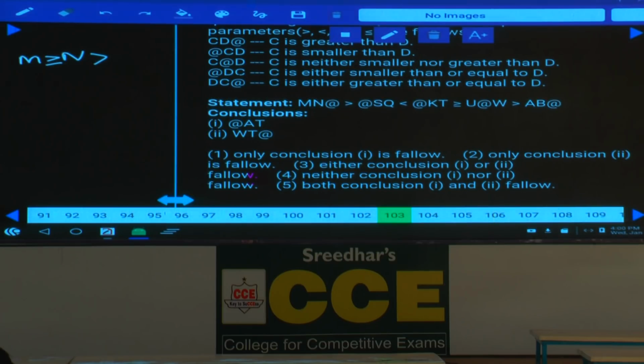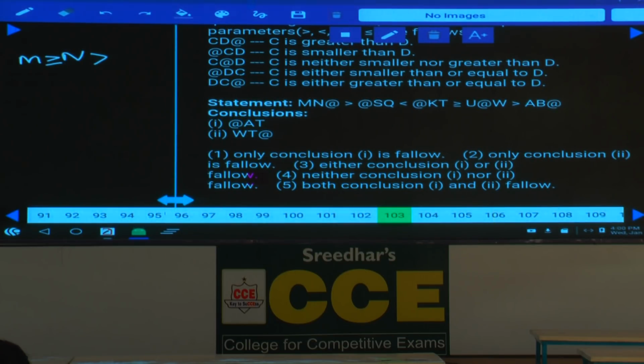Now M greater than or equal to N is greater than, at the rate of SQ stands for, S is lesser than or equal to Q, lesser than, at the rate of K and T, at the rate of N. One minute.